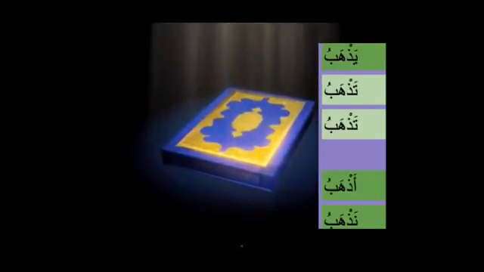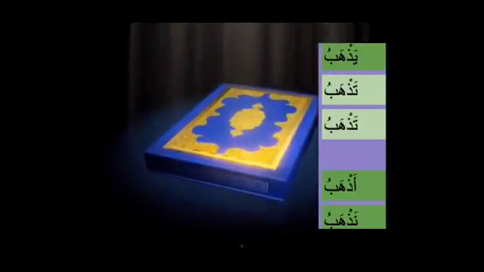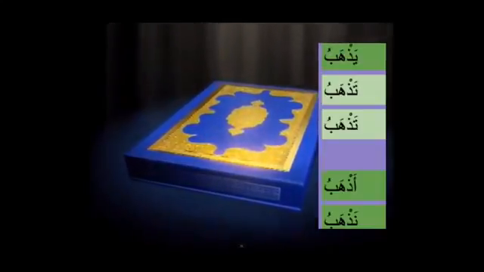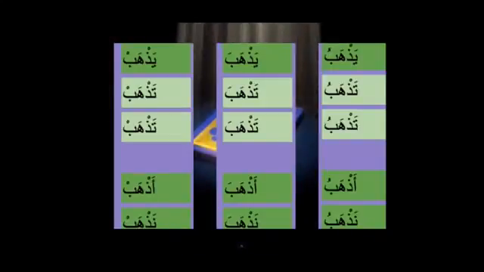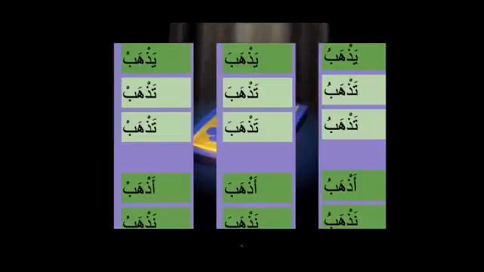These are the 4 verbs, but even though there are 5, because tadhabu is repeated, it's considered as 1. So 4 verbs. Here dhamma represents the sign of marfu, the fatha represents the sign of mansoob, and the sukoon represents the sign of majzoom. So we know the fa'il is marfu, mansoob and majzoom.